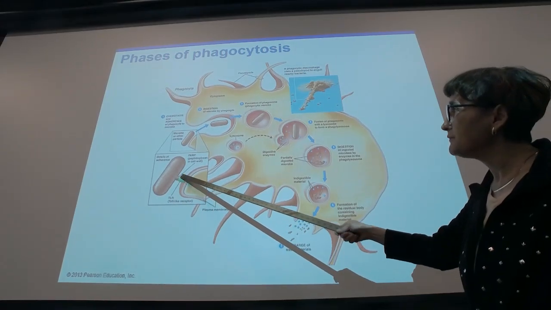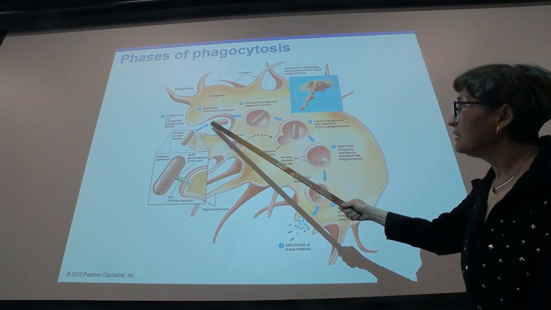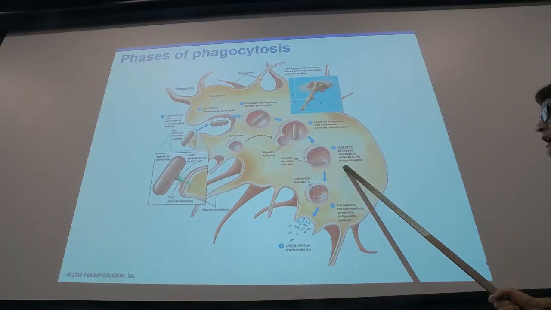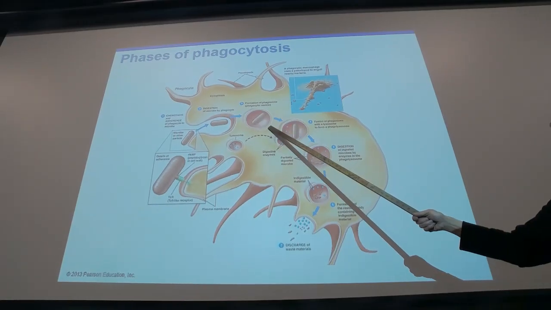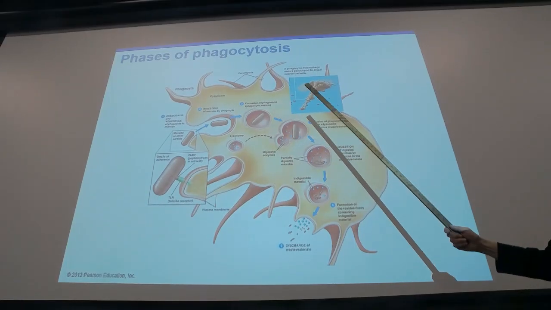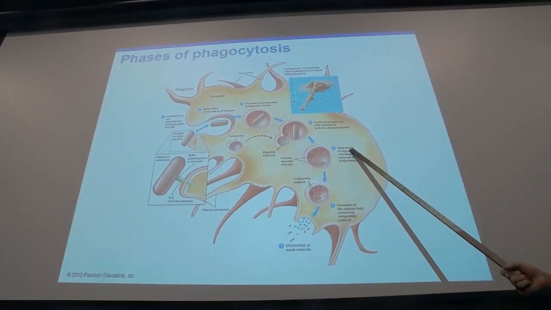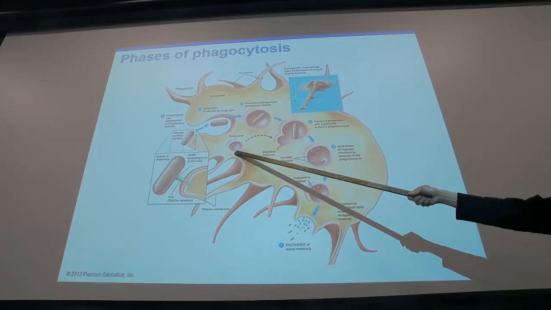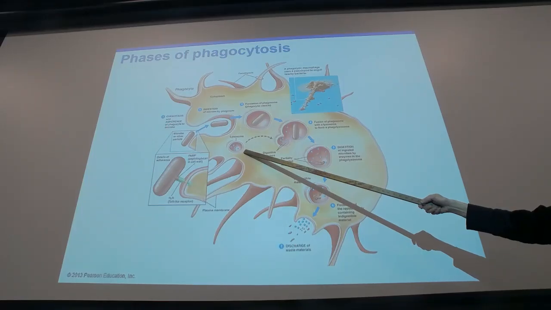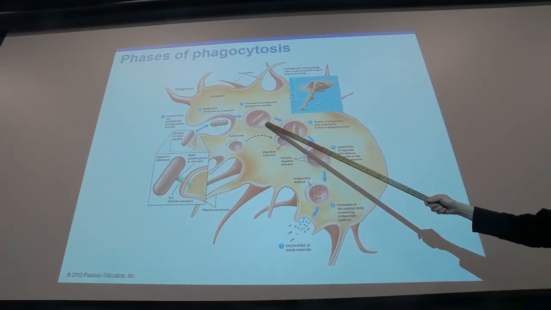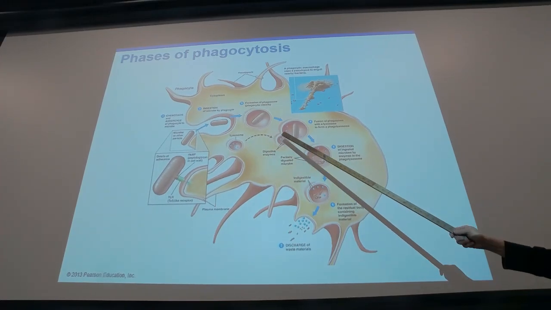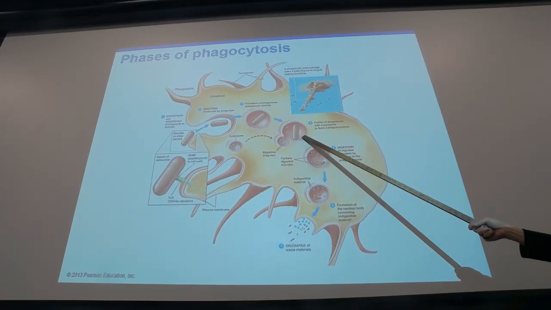And then when you have this physical contact, then you will trigger endocytosis by this phagocyte, and then you will form a vacuole. So this vacuole is going to be called phagosome. And then these phagocytes have lysozymes that they have produced in the Golgi apparatus. So then they will fuse these two vacuoles, the one with lysozymes, with the one with the bacteria.